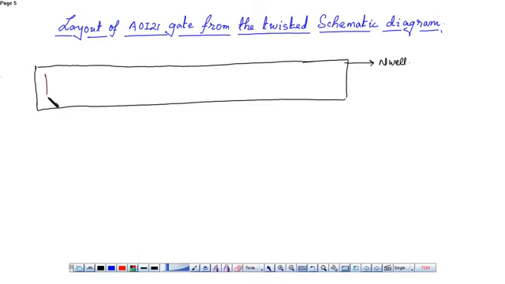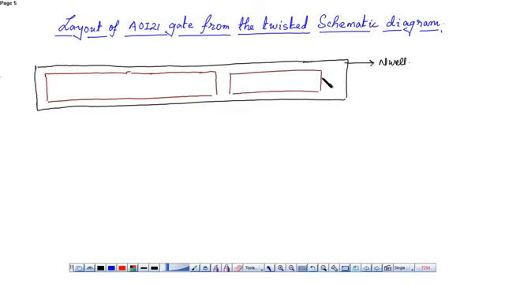We can represent the first 2 PMOS that were in parallel in 1, not because they were in series, but with some reason we are placing them in 1, and the third one separately. This is the P diffusion layer or the P diff layer.